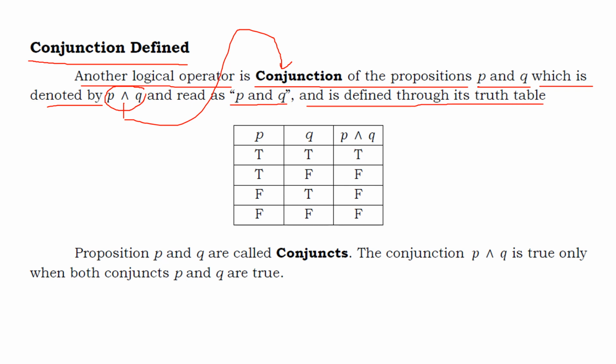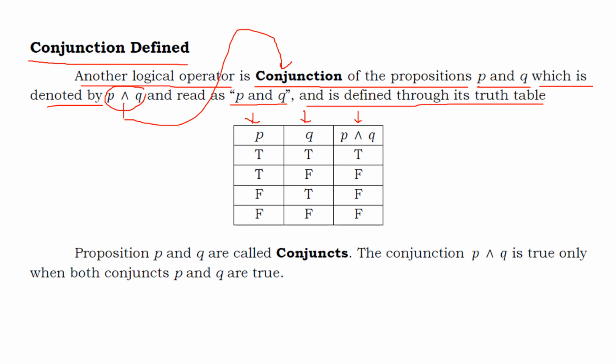As you can see in your truth table, there are 3 columns. In your first column, these will be the truth values for your P proposition. And the second column will be your truth values for your Q proposition. For the last column, the third column, that will be your truth values for P and Q, or the conjunction of the propositions P and Q.